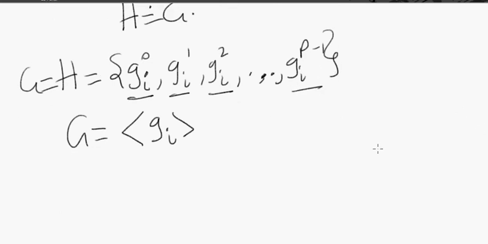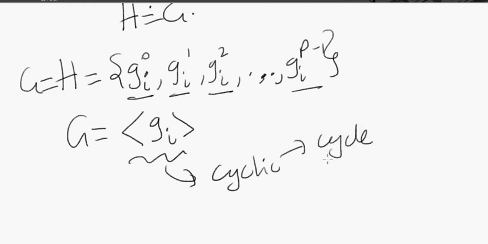So really, any group that can be generated by one element is called cyclic, cyclic coming from cycle. Why do you think the name cycle is appropriate? Let's think about it. We start from 0. g_i to the 0 is the identity.